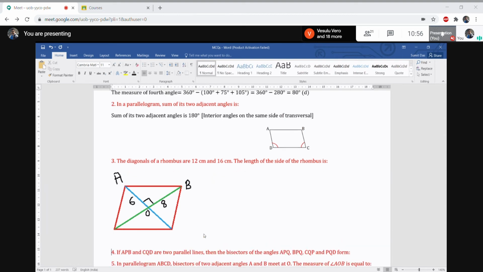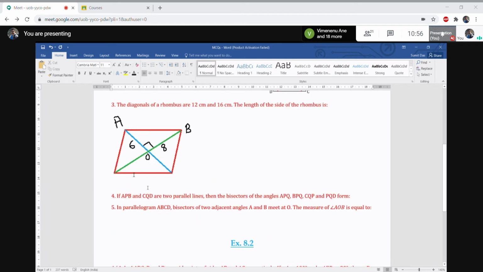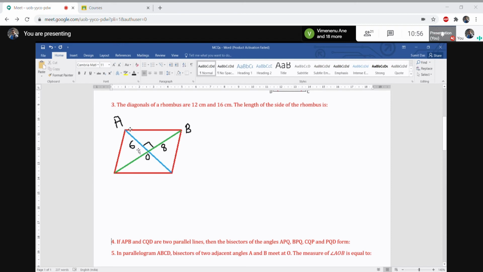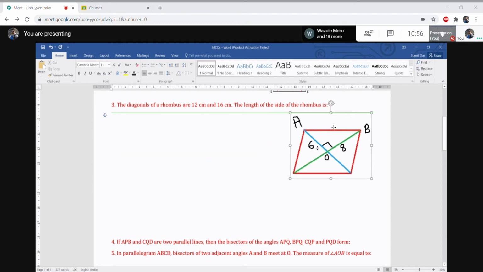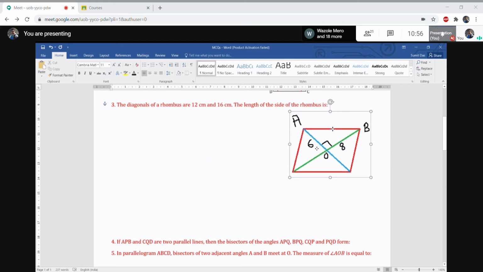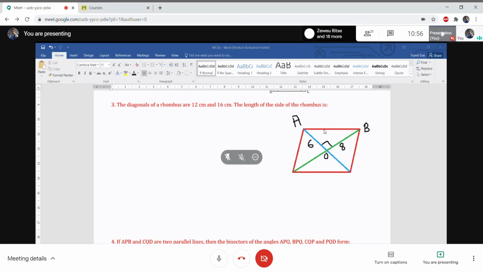I hope everyone can see this one. This is a rhombus. Can anyone tell me what is the property of diagonals in a rhombus?